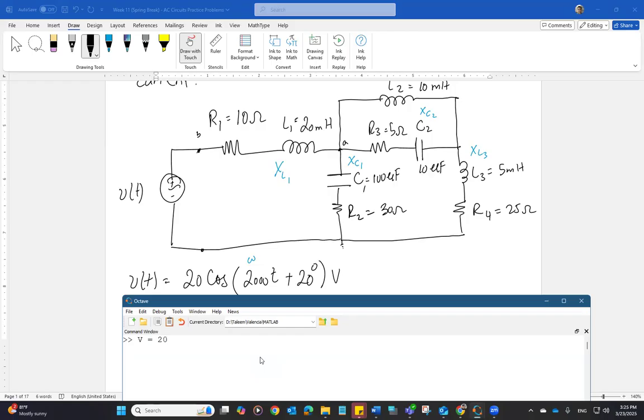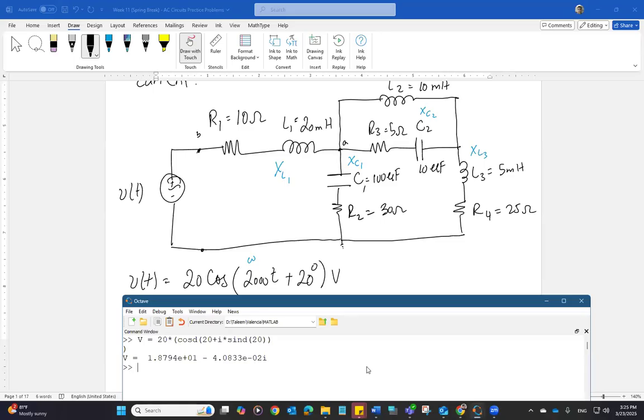So 20 times cosd of 20 degrees plus i times sind of 20 degrees. So that's my voltage. I think I'm missing one parenthesis. Let's see. Yeah. So that's my voltage.